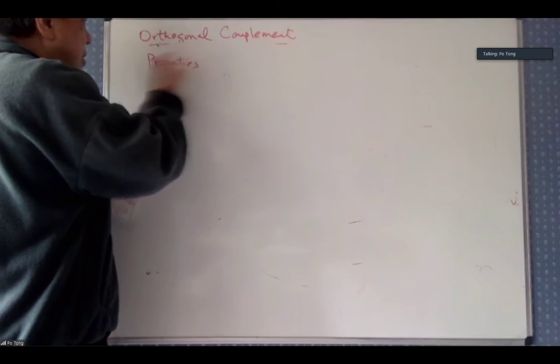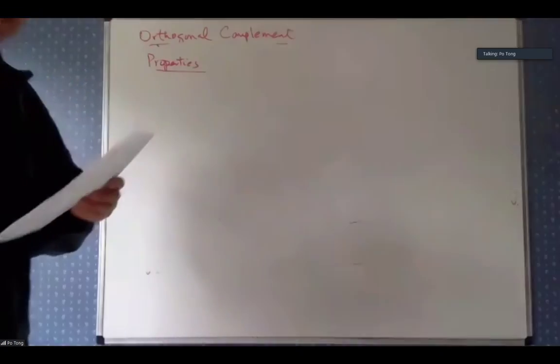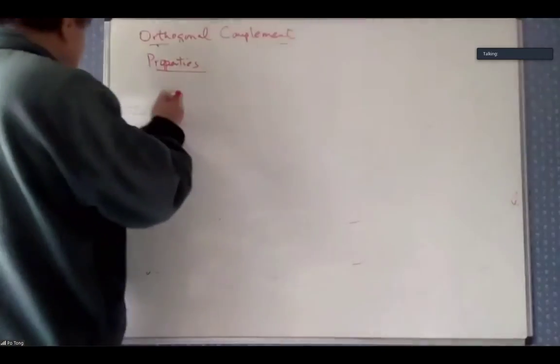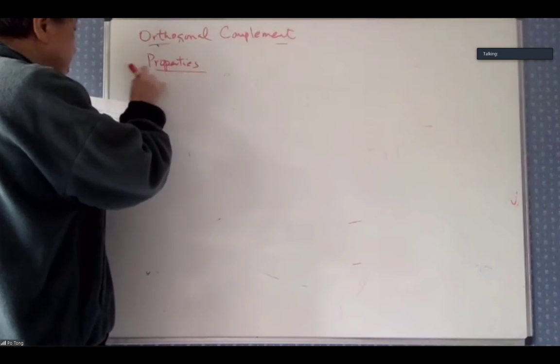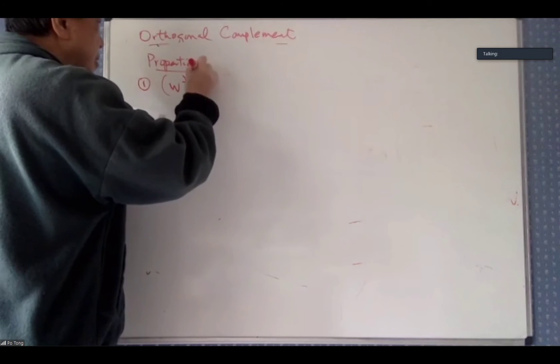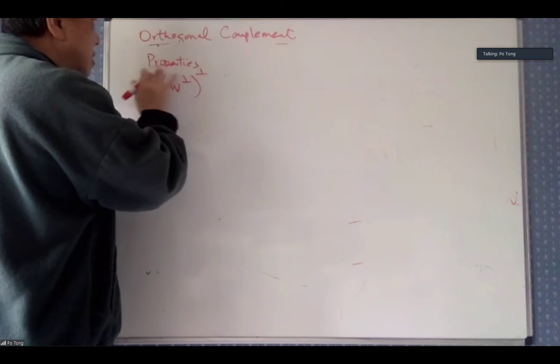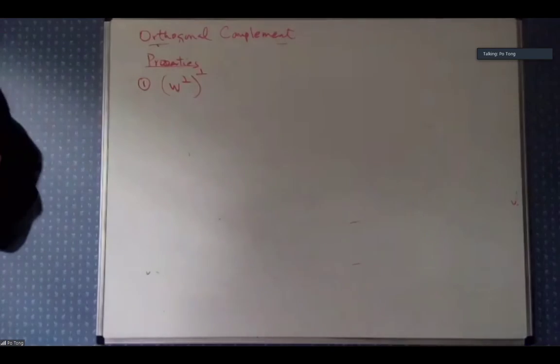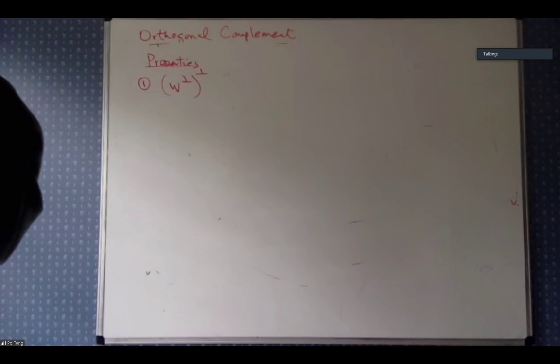I'm not going to prove these guys, but it's pretty intuitive. What do you think this is, W perp and then perp? You guys know what I'm talking about?